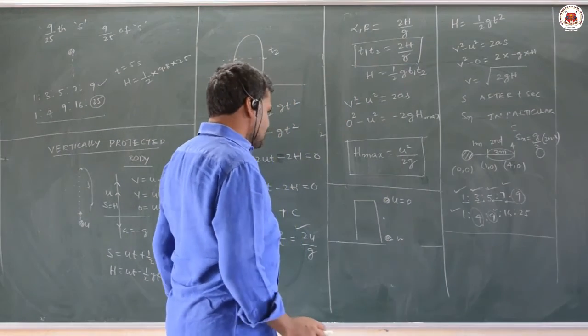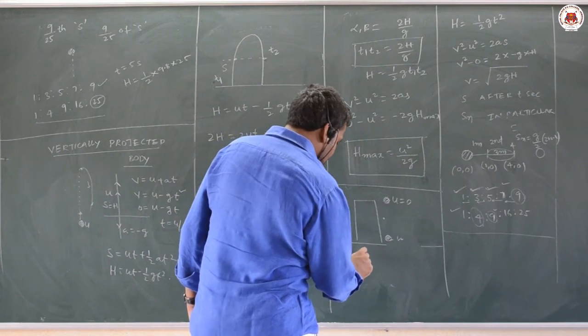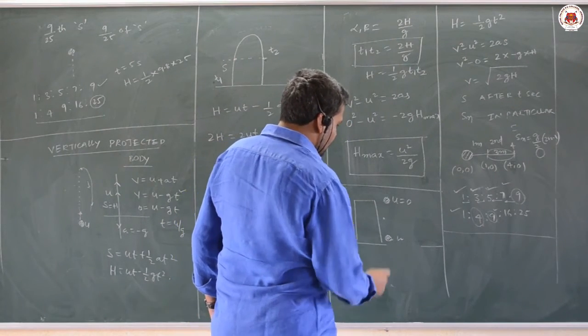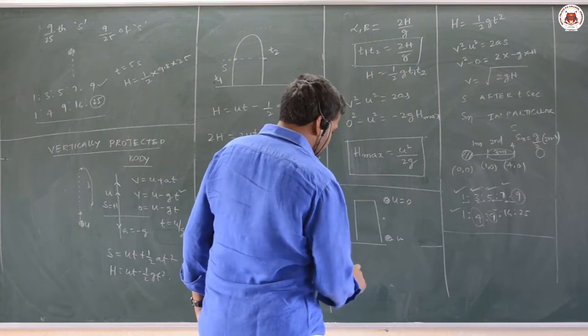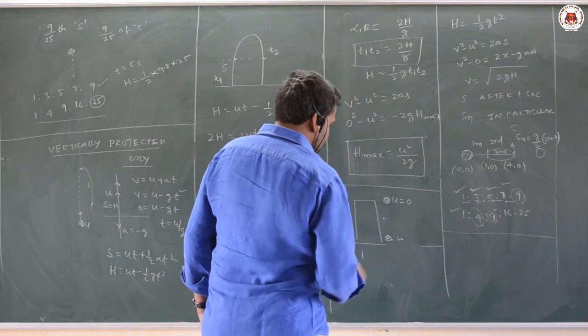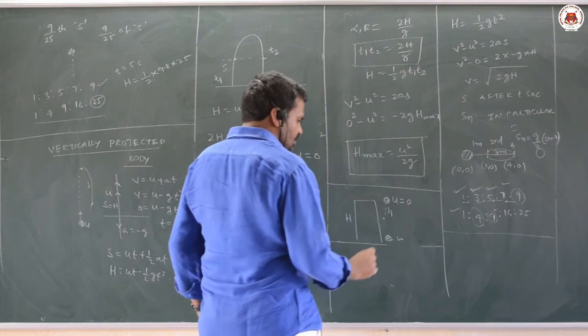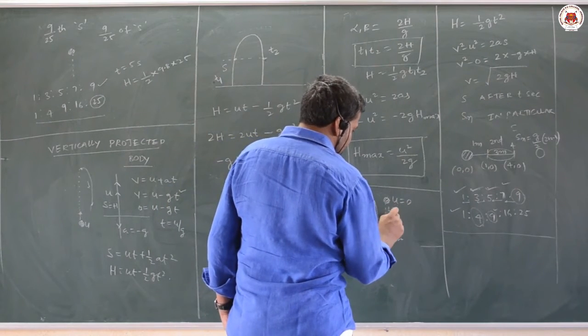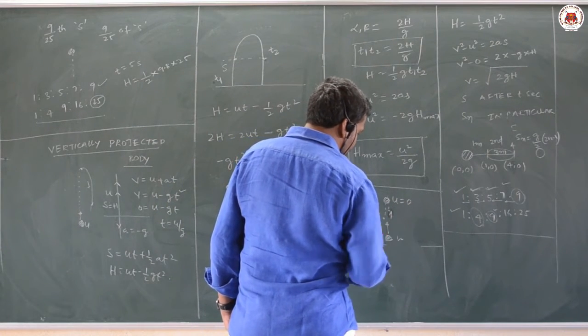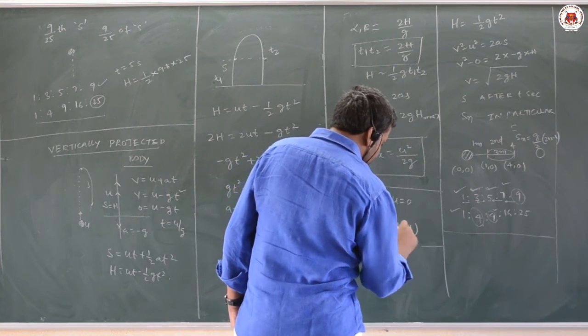In this case, freely falling body, initial velocity 0. So let us take that they meet after time t. Take the height of the tower as h, the displacement travelled by the freely falling body as x, then the displacement travelled by the upward projected body will be h minus x.